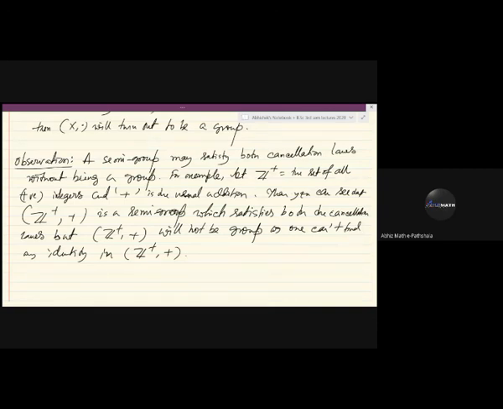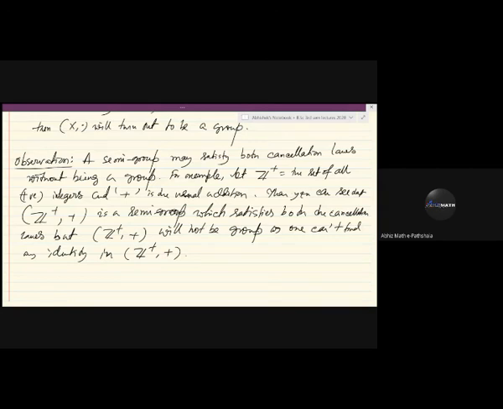Now, one may ask a question: if you have a monoid, does it satisfy the existence of inverse to make it a group? The answer is no. There is also an example which is a monoid without being a group, but it does satisfy both the cancellation laws.